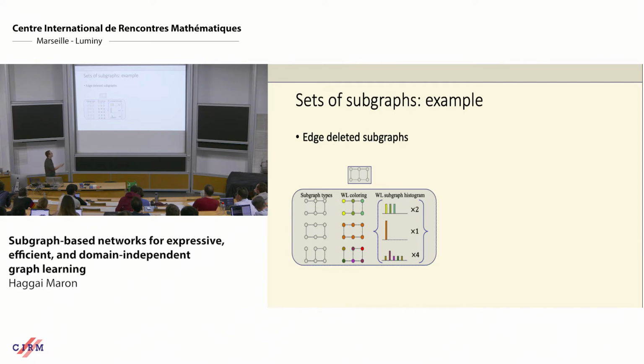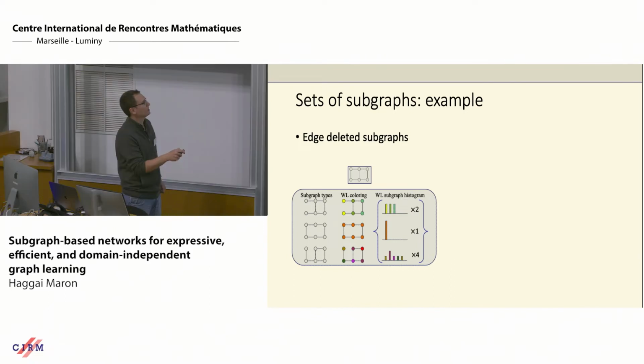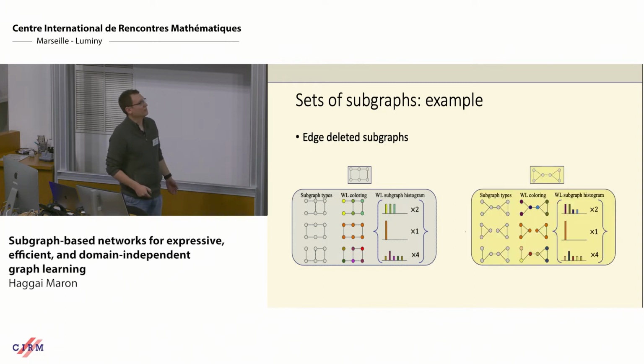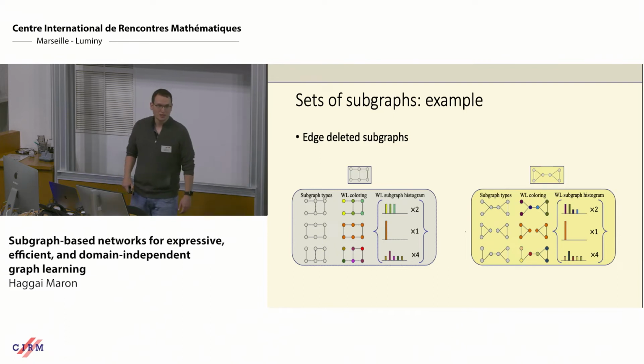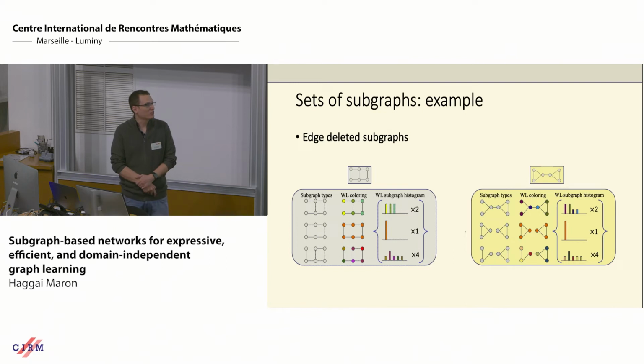So this becomes our new representation of the graph. So this is the histogram for this graph, this is for this one, and this for this one. The numbers here indicate the number of times each subgraph occurs in the original graph. On the other hand, we do the same for the other graph, and you can clearly see that those histograms are not similar. So we have a clear separation of those two graphs. This is the main motivation that we had.